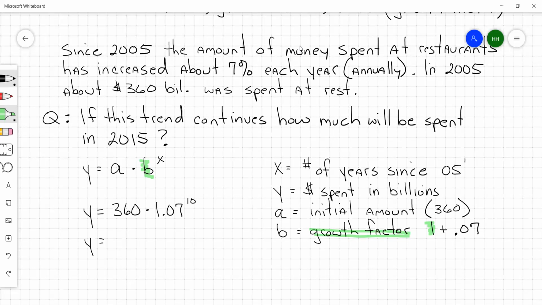We get 1.97, push times 360, and we get 708.17. So if this trend continues, how much will be spent in 2015? Well, that would be $708 billion.